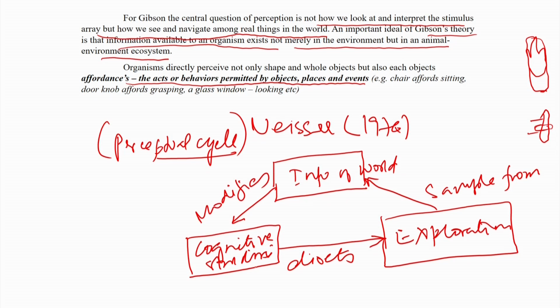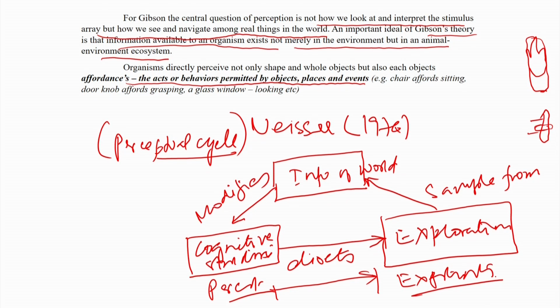So, basically information from the world gets modified and generates a percept, which is later tested in the environment in terms of what behaviors are possible on this percept, and which of these behaviors are allowable or not. Those behaviors which are allowable get added into the information in the world of a particular thing, and whatever behavior is not allowed is deleted or not added, and that information is also added.